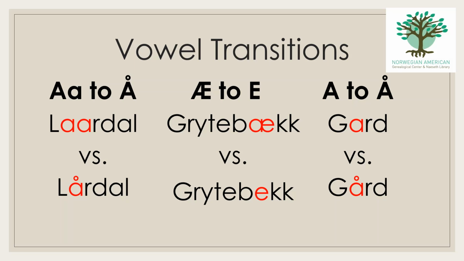And sometimes I find it spelled with just an E. Sometimes I see it spelled with that AE combination letter. Do not overlook something just because it's not spelled exactly the way you thought it would be. If I were to ignore all of the Gretabecks spelled with the AE, I would be losing a lot of records because I was assuming that it wasn't the same place. Those are the same farm.